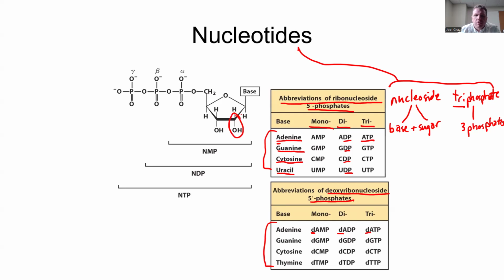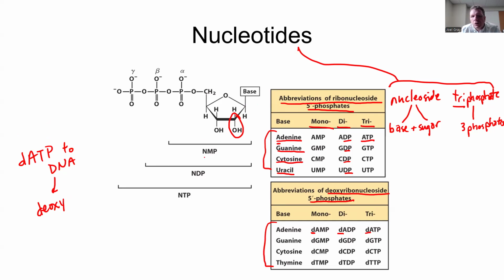So technically, if you say, oh, I'm adding ATP to a DNA molecule, there's a little bit of a mistake there, because you actually need to use dATP to add to a DNA molecule, because the D in DNA stands for deoxy. So you need to kind of straighten that out.